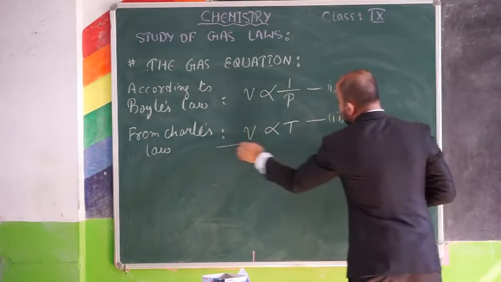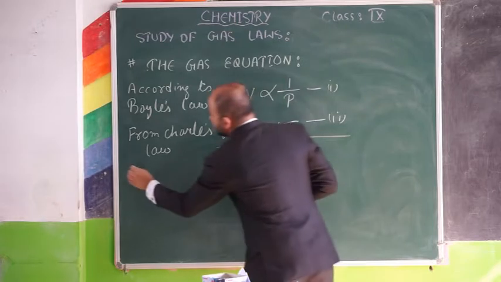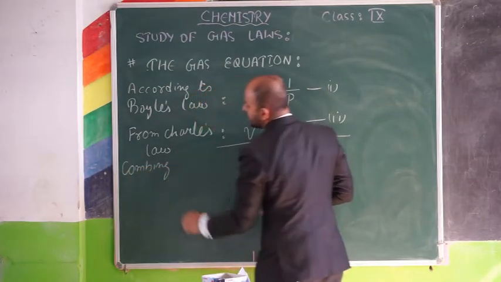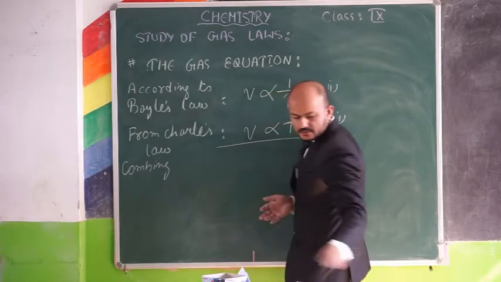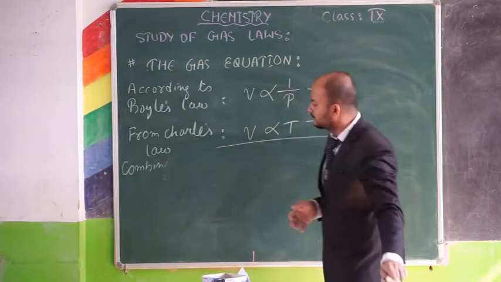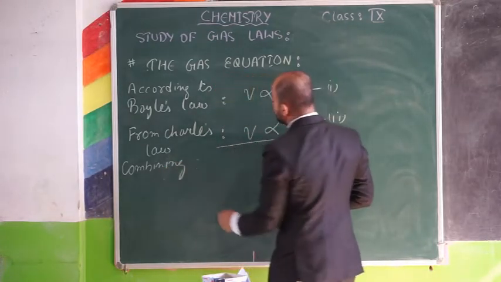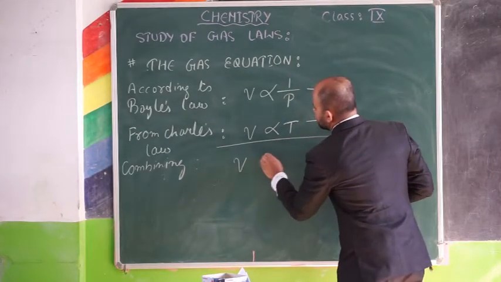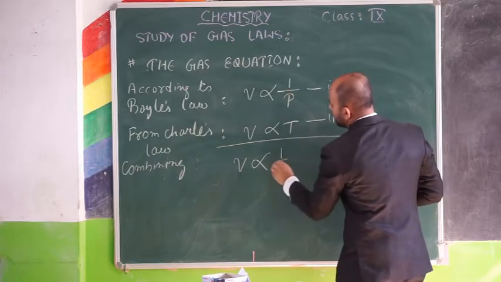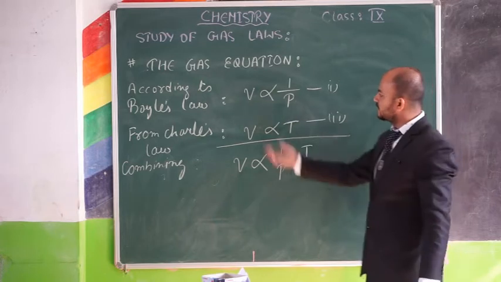So if we combine both the equations, combining Boyle's law and Charles law, what we get is volume is proportional to 1 by P into T. Okay, we have combined both the laws.